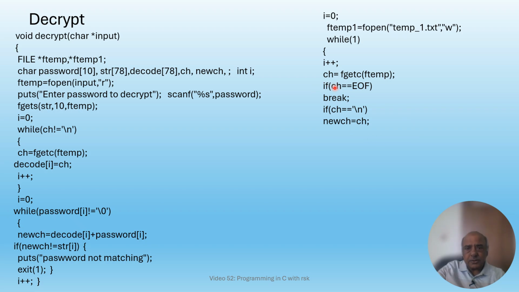The character ch is being read from the encrypted file named temp by this function fgetc. It reads the file character by character, and whatever has been read is assigned to a char variable named ch. Again the loop terminates when end of file is reached, by this if ch is equal to EOF statement.